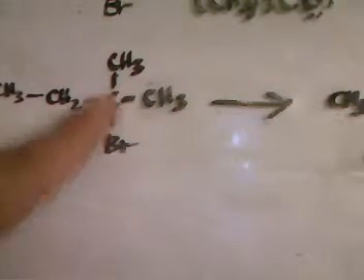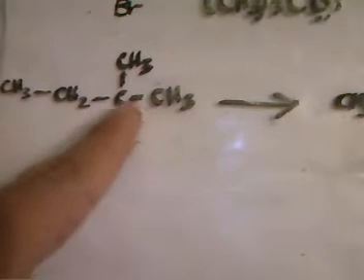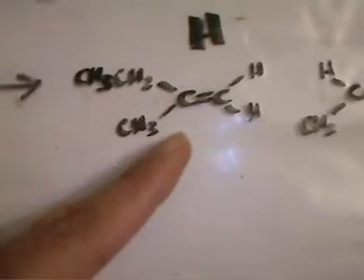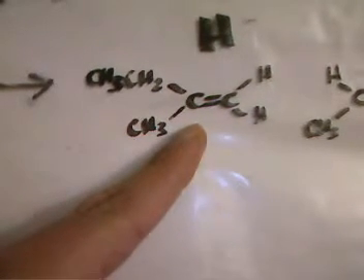So we have various beta carbons in this case, and one of the products, if one of these hydrogens is removed, is a terminal double bond, which is di-substituted, and that would be the Hoffman product.